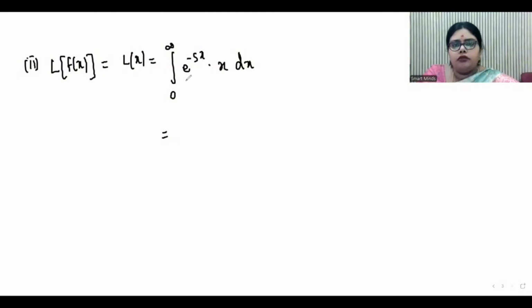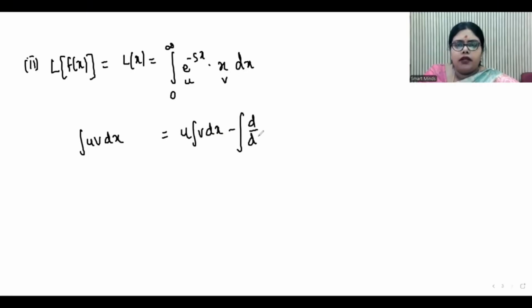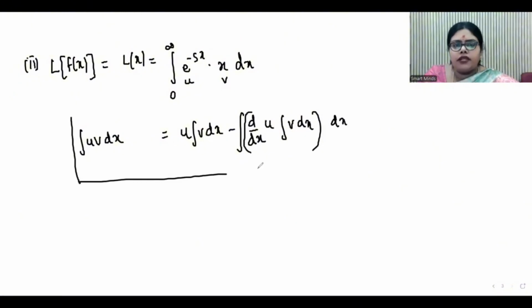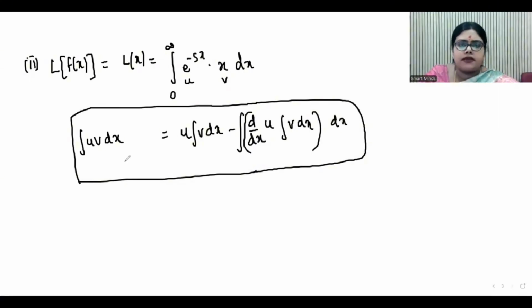We take x as u and e power minus sx as v. So what is the UV rule of integration? Integral uv dx is equal to u integral v dx minus whole integral of d by dx of u into integral of v dx, whole dx. This is the UV rule of integration, which is also called integration by parts.